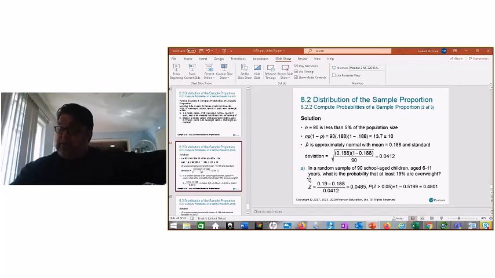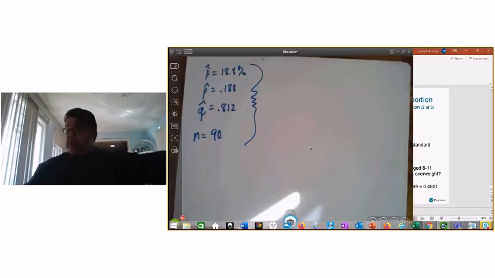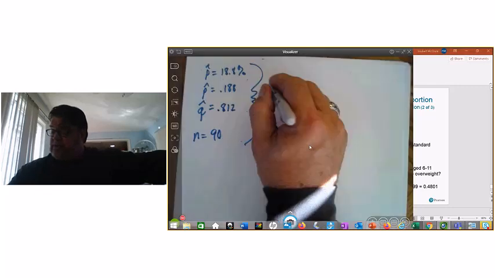Therefore, q hat is equal to, I have no idea, that'd be 0.812. Check me on that, please. And then n is equal to 90. Okay, this is what they're giving you and I'm going to write this down. This is what they're given to you in this problem.